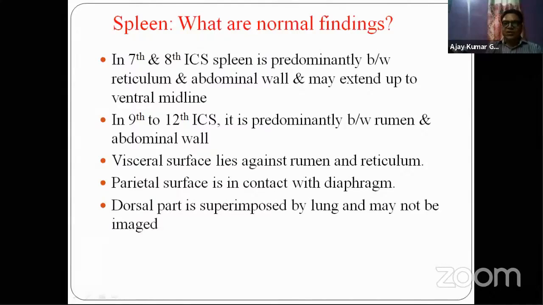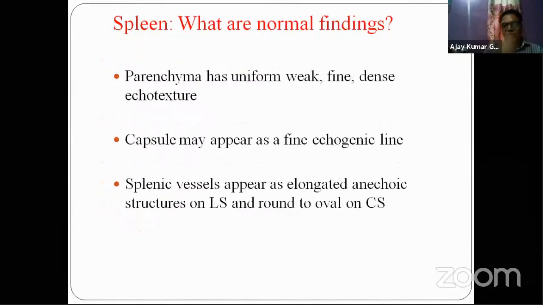The dorsal part is superimposed by lung and may not be imaged, and the spleen follows an oblique path. It is obliquely placed in the abdominal cavity, or you can say it is placed from caudodorsal to cranioventral direction.